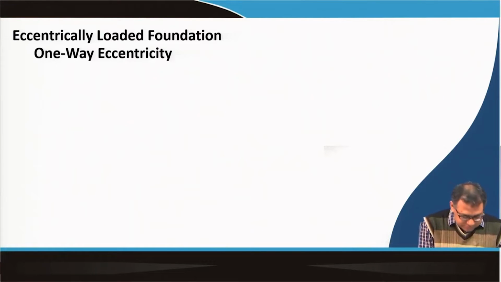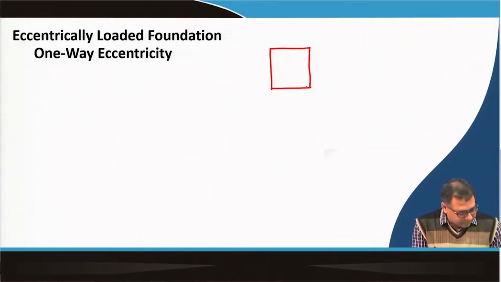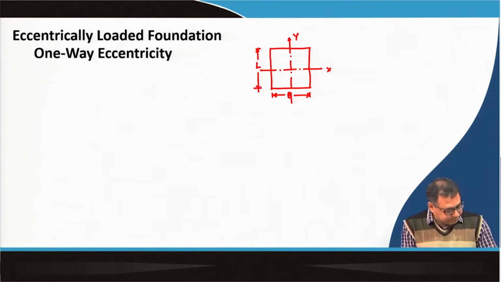Now, for eccentricity, suppose in the general case this is my foundation, and this is the x or width direction, and this is the y direction or the length direction of the foundation.